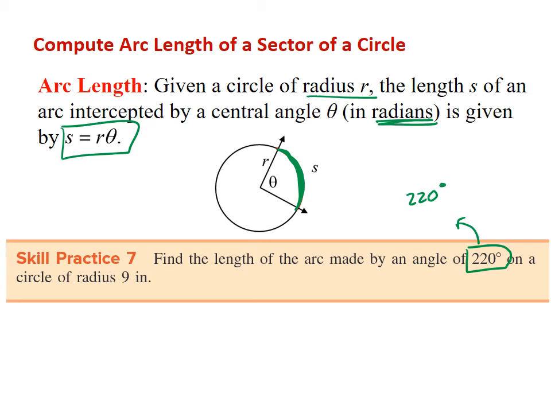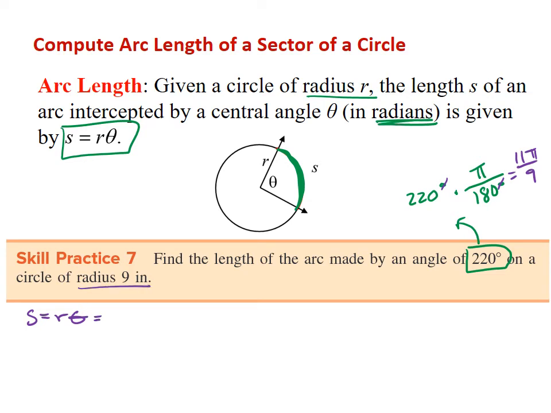If I want this to be measured in radians, I need to get rid of degrees. I know there's 180 degrees in pi radians. So the degrees cancel out. And when I convert this, I end up with 11 pi over 9 radians. So applying the formula, S equals R theta.